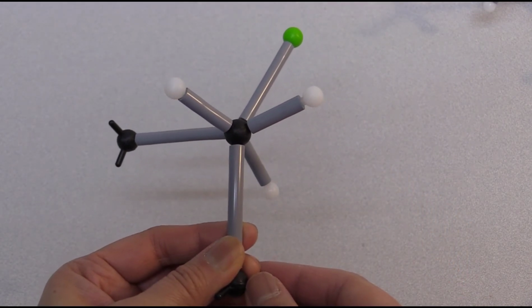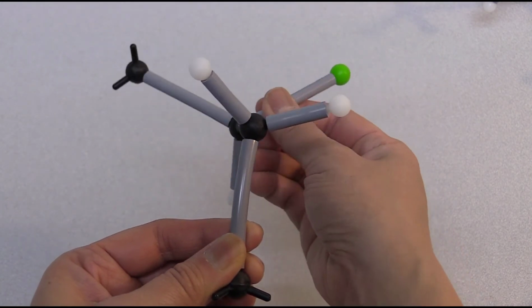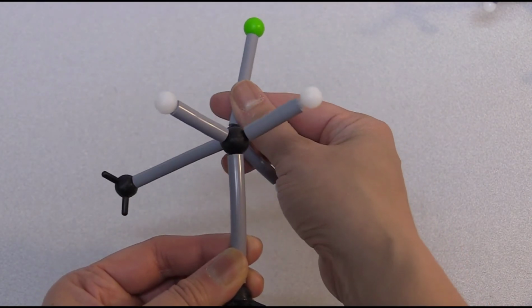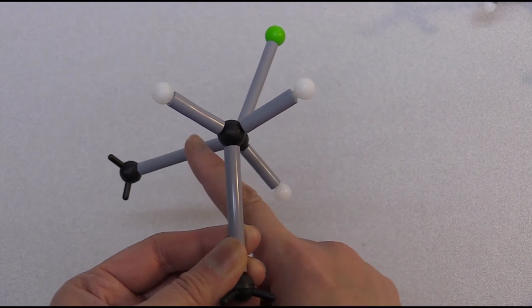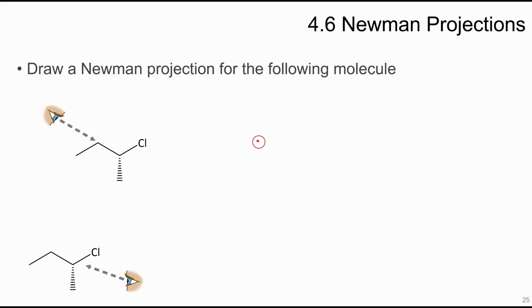So I'm going to have a carbon here that is eclipsed by this one, or this is eclipsing the one behind it. There's a carbon sticking out and the chlorine sticking out in that direction, and then this one here. So again, we have this point, which is the front carbon. I have an H sticking out up top, an H sticking out to this side, a CH3 sticking out here.